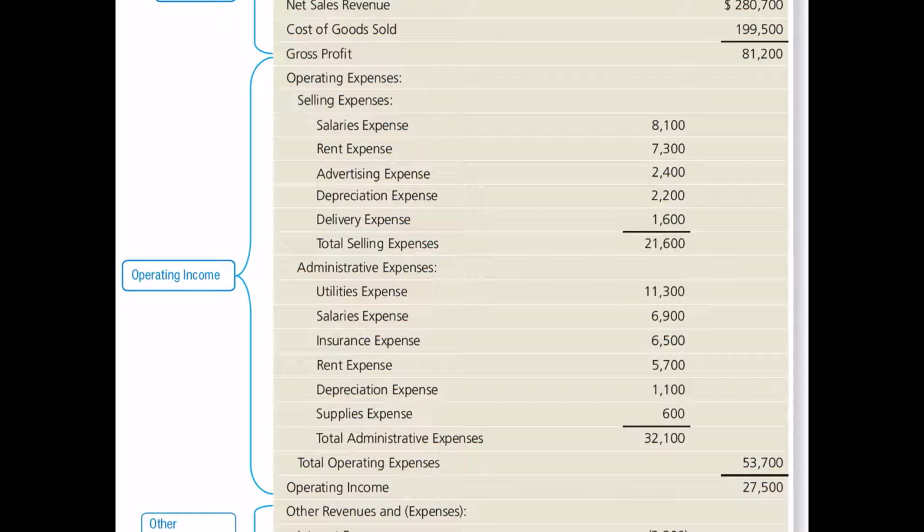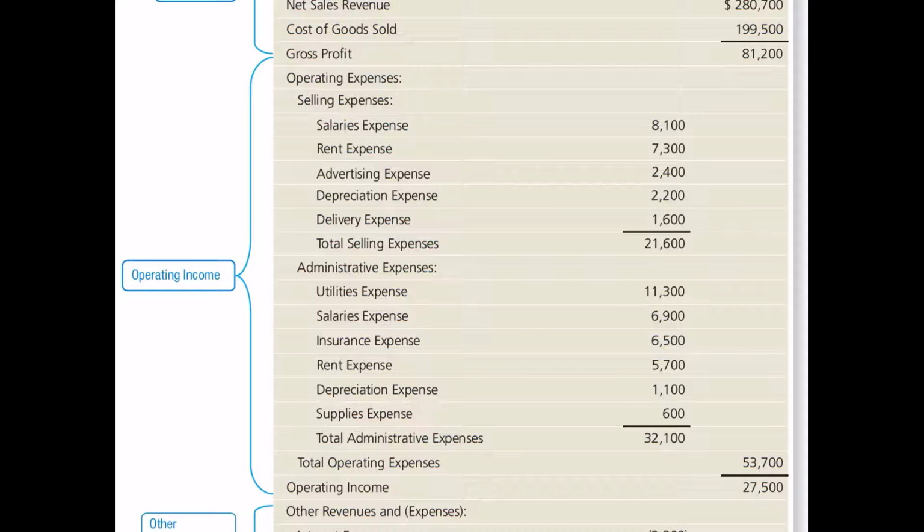The reason that we separate these two types of expenses is because the selling expenses should directly be related to sales. That is, here we're spending $21,600 in selling expenses. Those selling expenses should be bringing in sales.